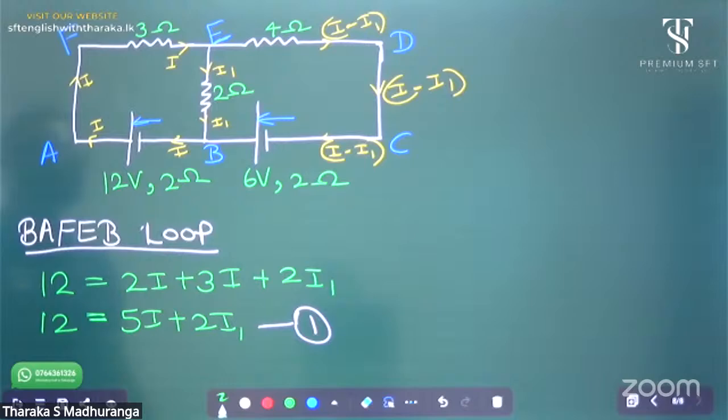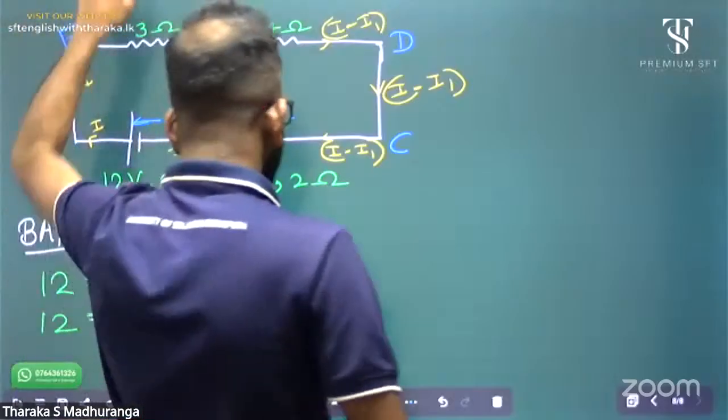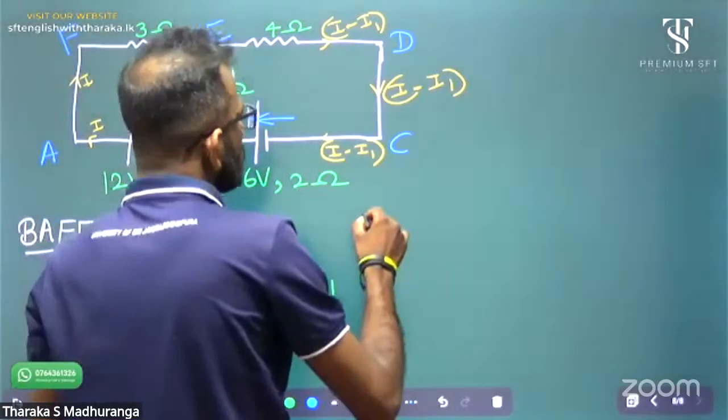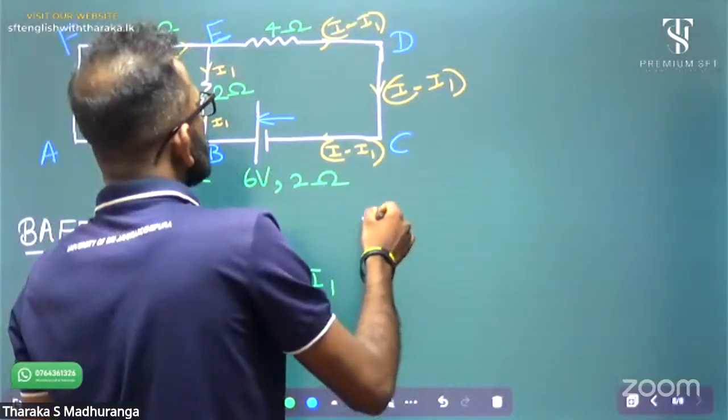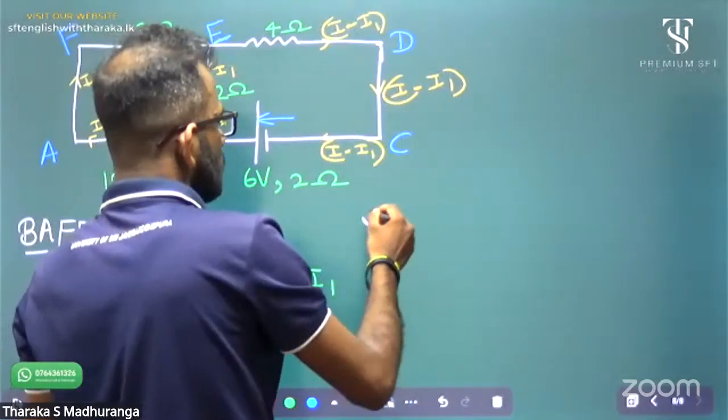Okay, next you have to get another equation. You have two options. You can take the full circuit A, C, D, F, or the right side part. I am going to use the right side part. What is the right side? EDCBE.